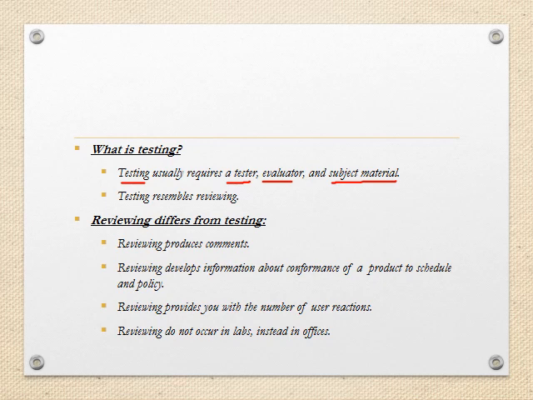The evaluator can be a user or abuser, a user proxy. Now, what's the subject material? Subject material is the product that we are trying to test. It is the document that we are trying to test. And this could be either a manual, test, printed, or online.